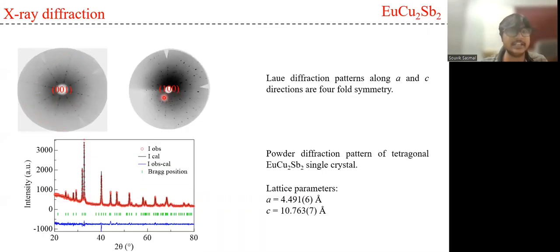We can identify a particular crystallographic axis, cut along that axis, and understand the electrical transport and magnetic measurements, applying field along a particular direction. Our X-ray diffraction pattern also confirms that the grown sample is europium copper-2Sb2. The lattice parameters are given: the A axis is 4.4 angstrom and the C axis is 10.7 angstrom.